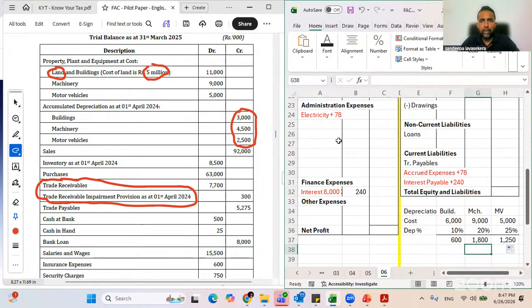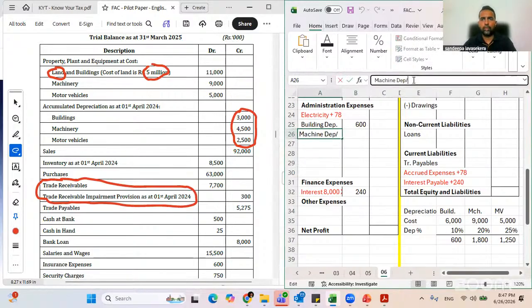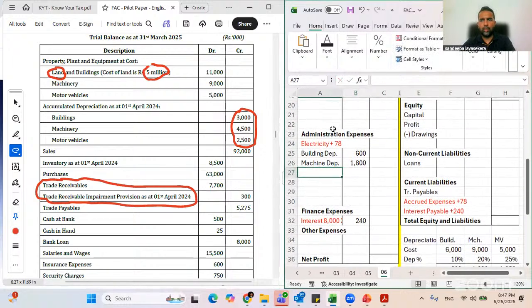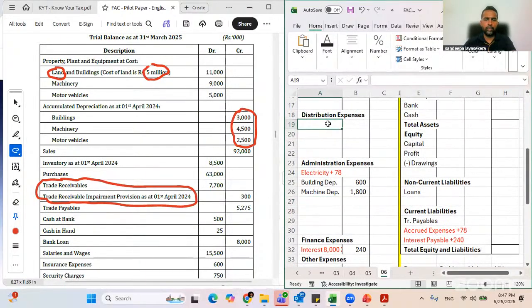Shall we record that? Building depreciation 600. Machine depreciation 1,800. And the motor vehicle depreciation here 1,250.